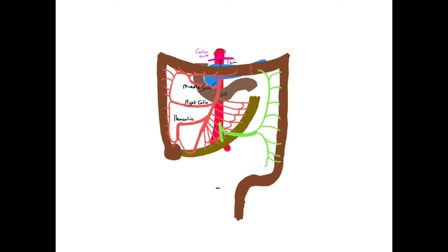Then we have some sigmoid branches, but I just have to extend the inferior mesenteric artery down a little bit, and we'll get some sigmoid arteries coming off here by the sigmoid colon.